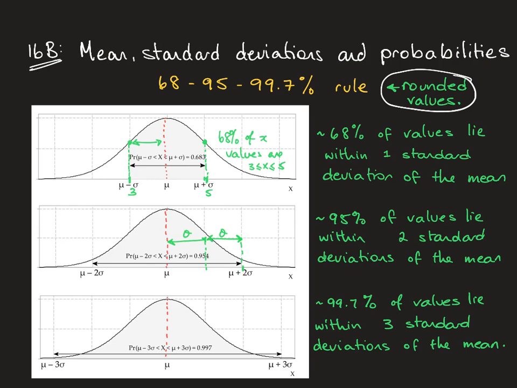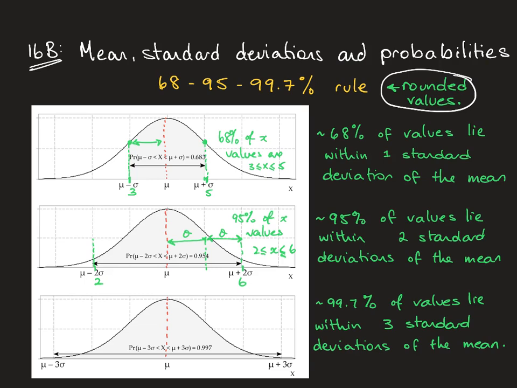And if we do the same in the other direction, we get to this point here, and between these two values, let me just say this is 2 and 6, then 95% of your x values are in between 2 and 6.